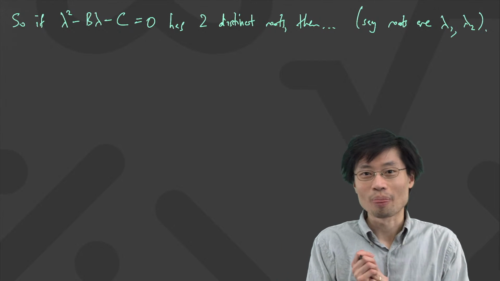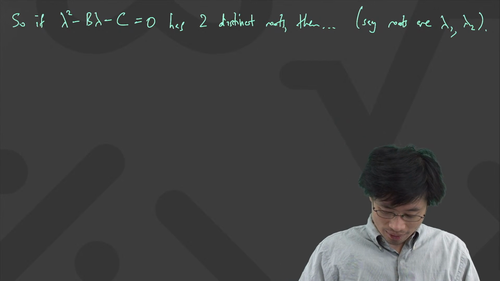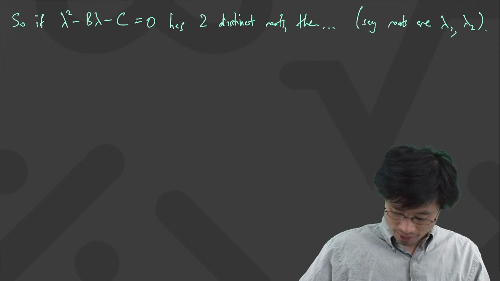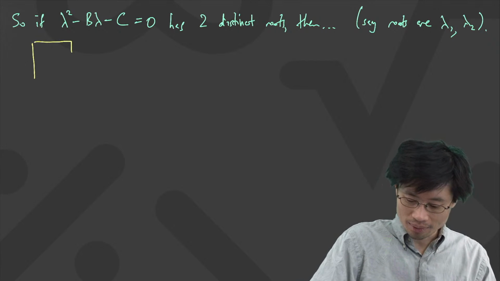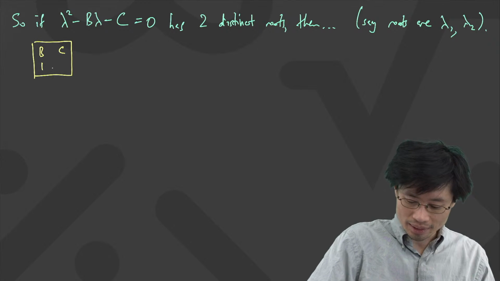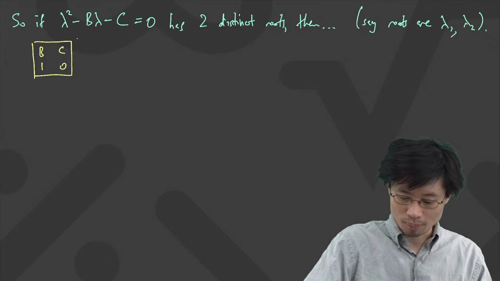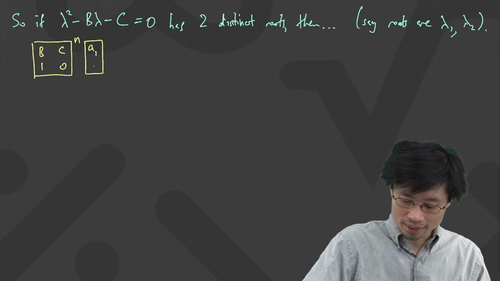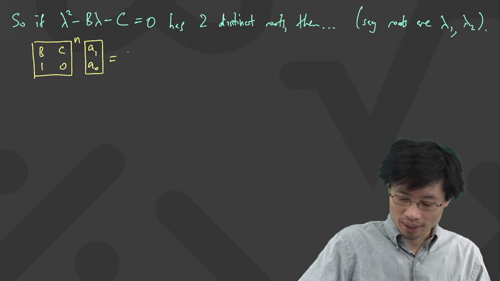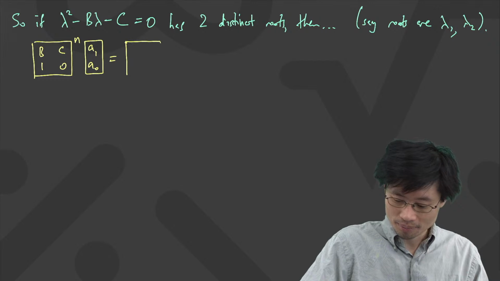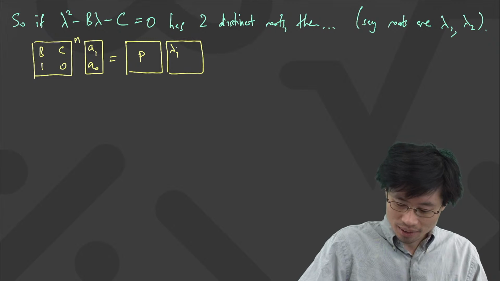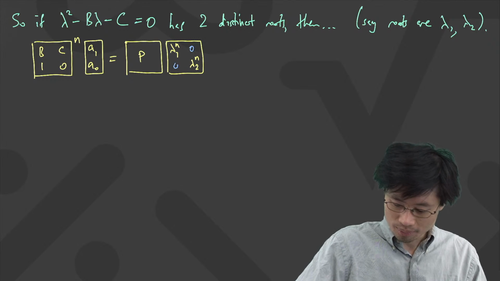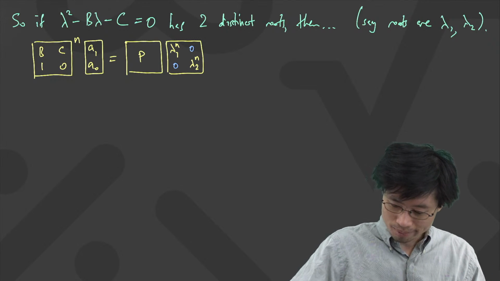What do I get? I get something really exciting. I suddenly found out that if I take this particular matrix [b, c; 1, 0] to the power n times your vector [A1, A0], that is nothing more than taking a certain matrix P multiplied by [lambda 1 to the power n, 0; 0, lambda 2 to the power n], multiplied by P inverse.